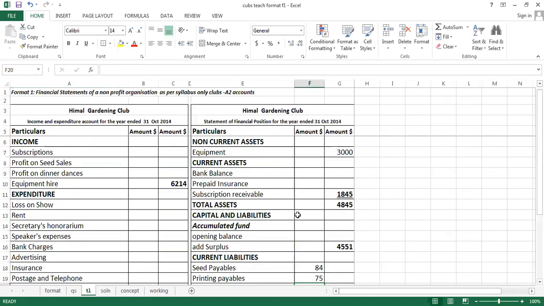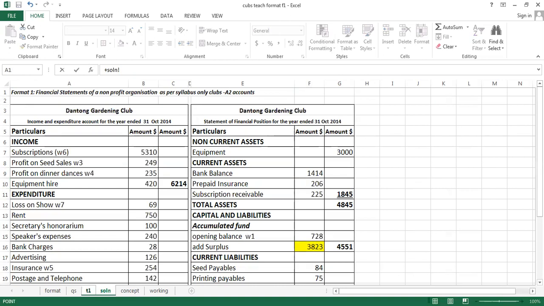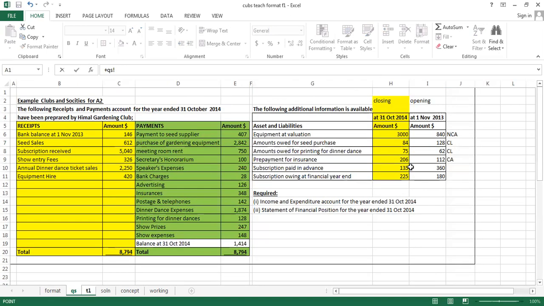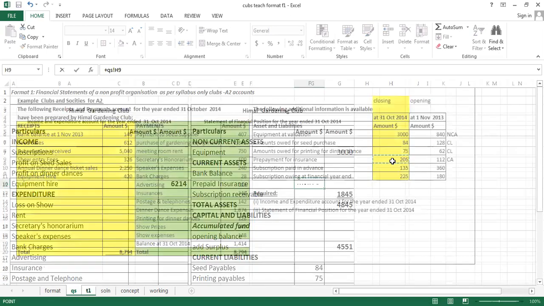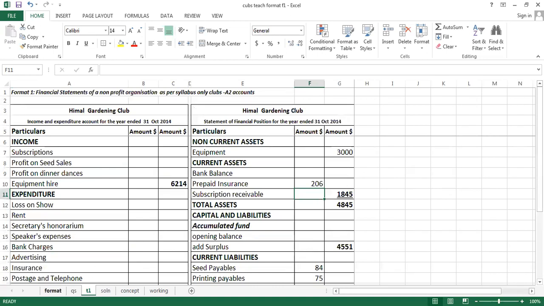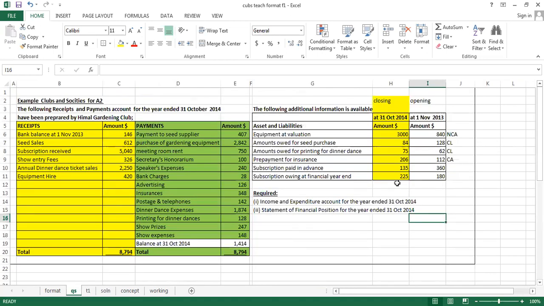Okay, up here, under the heading of current asset, you can see prepaid insurance. Make sure you put it in the inner column. 206. Back to question. Notice that I am simply placing the closing balance either as asset or liabilities in the statement of financial position.